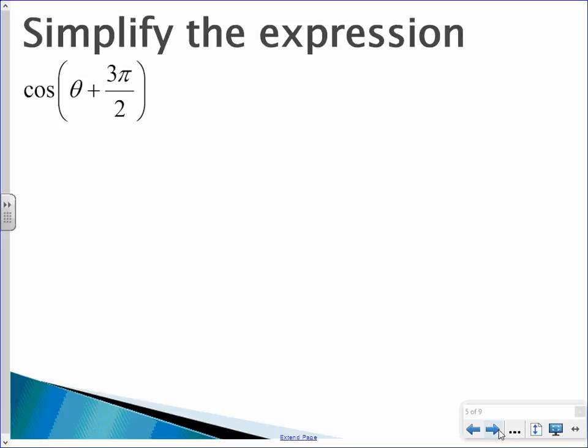Okay, so next one. We want to simplify this expression. Do you notice how we have the sum of 2 angles inside of our cosine? Which means we can use the cosine sum formula to rewrite this. Our cosine sum formula is cosine of u cosine of v.